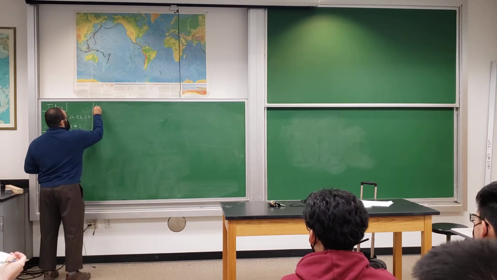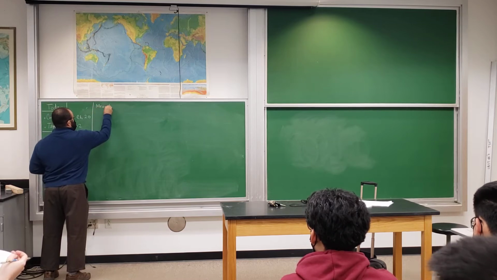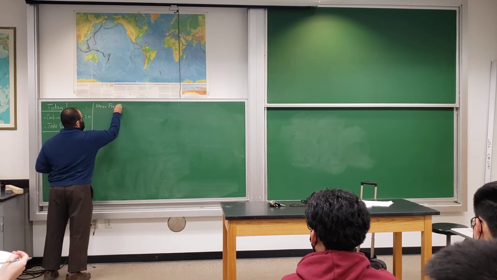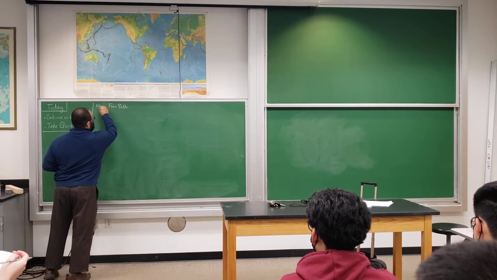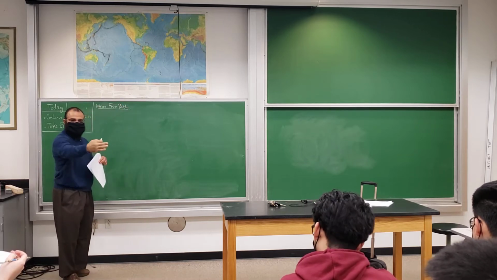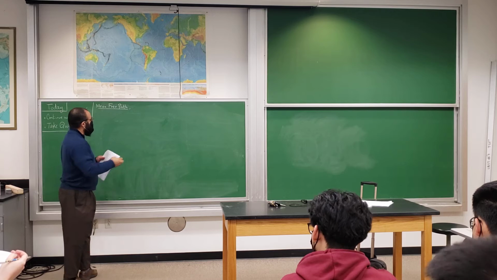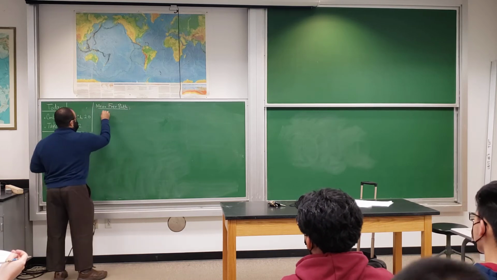So we did the mean free path. So if you have a gas in a box, how far does it go before colliding? And that mean free path was called lambda.